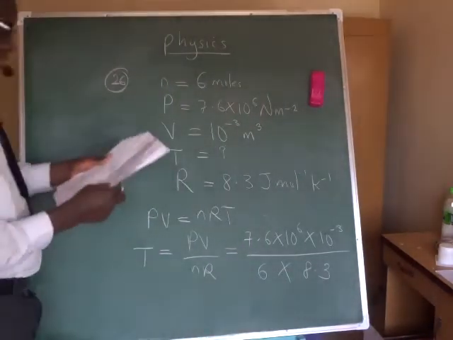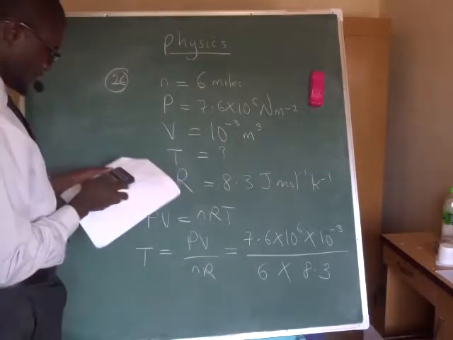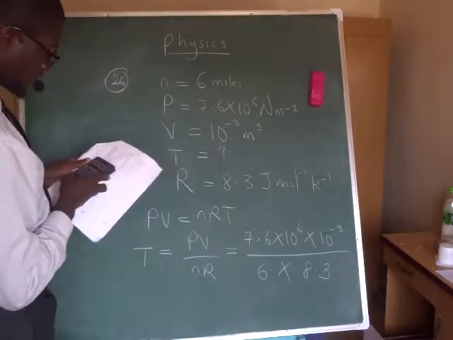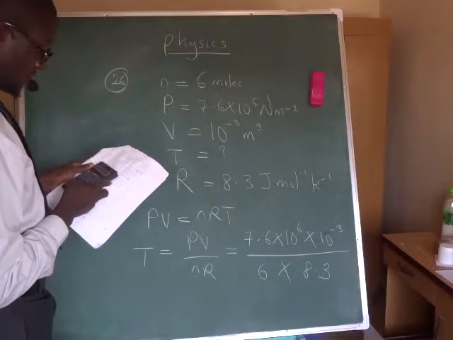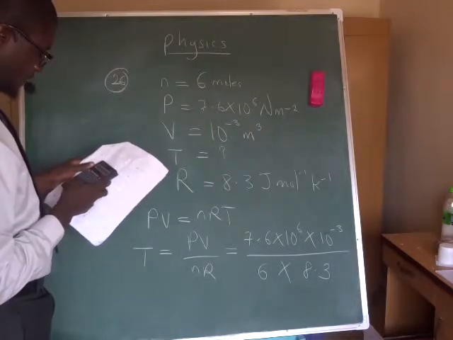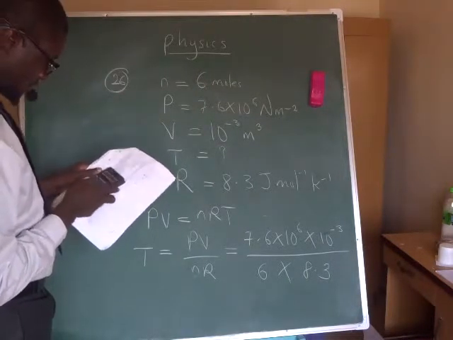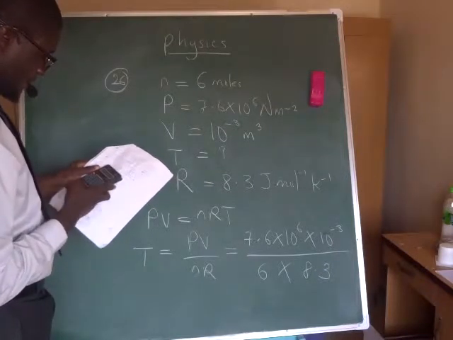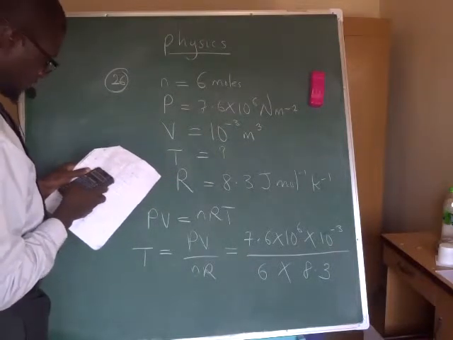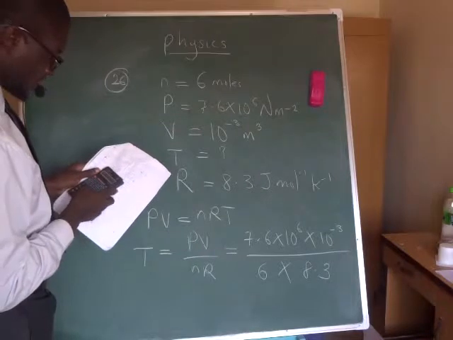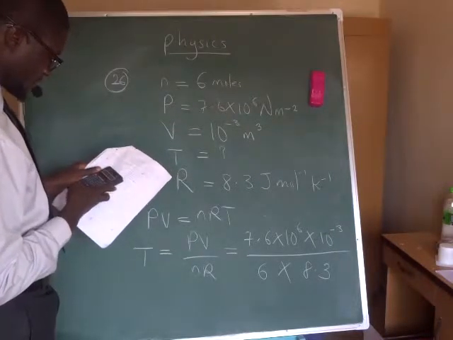Okay, so let's see what we have. 7.6 exponential 6 multiplied by exponential minus 3, divided by 6, divided by 8.3.